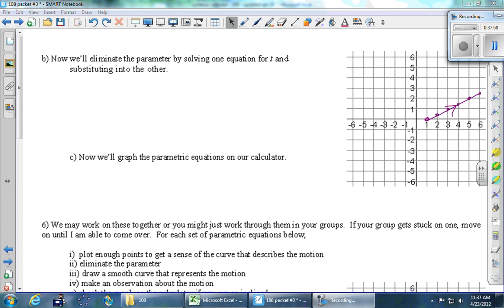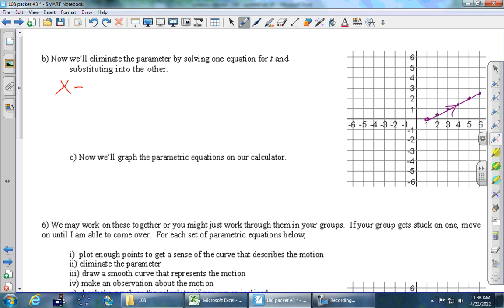Okay, we'll go to Kelsey for B. So we've got x equals t plus 1. All right, so let's go ahead and solve that equation for t.